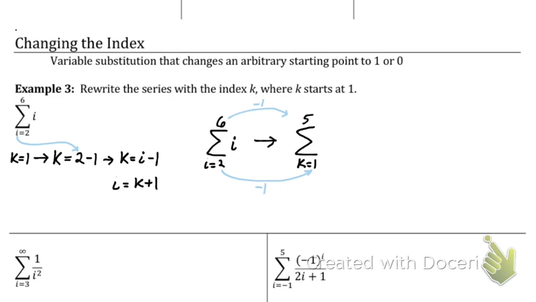So anytime I see an i, I can replace it with k plus 1. That means my new summation, instead of i, is going to be k plus 1. Now remember, this one was 2 plus 3 plus 4 plus 5 plus 6. This would now be 1 plus 1, which is 2, 2 plus 1, which is 3, 4, 5, 6. Both of these would be the exact same summation.